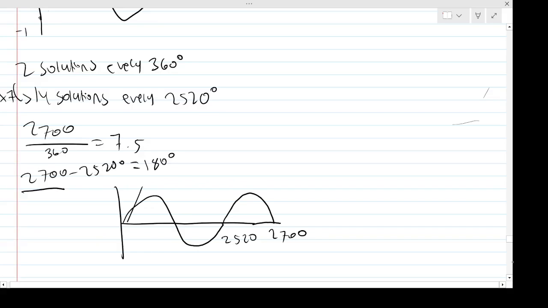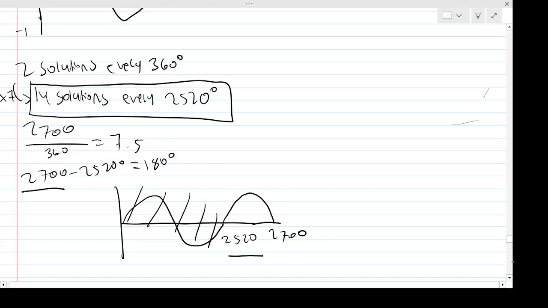So we already accounted for the first part. We know there are 14 solutions up to 2,520 degrees, so we don't need that. We've already seen that part of the graph. We then need to consider if there are any more solutions after that.